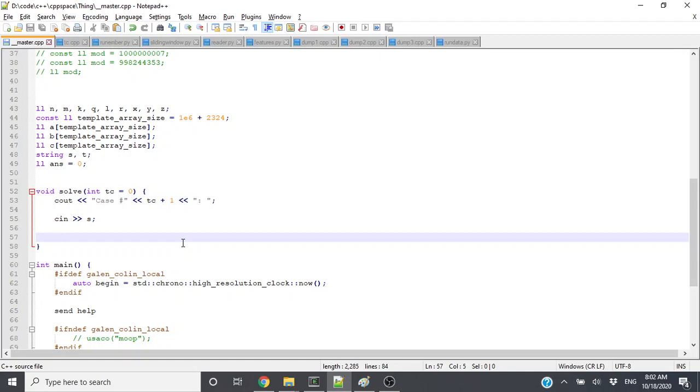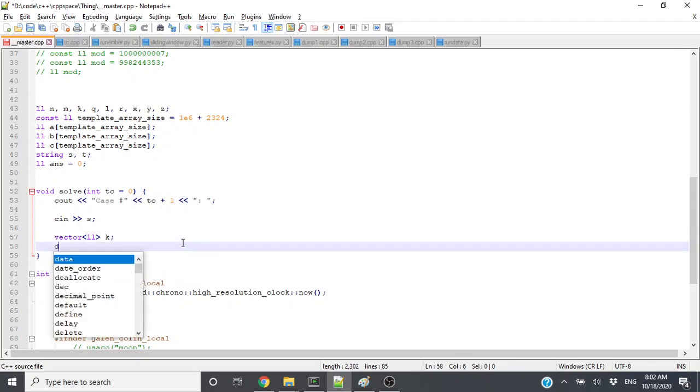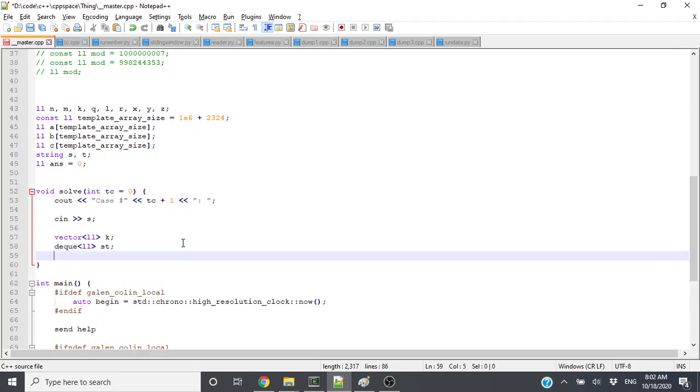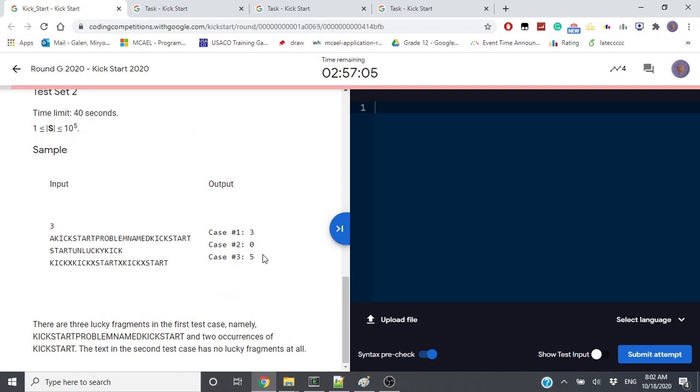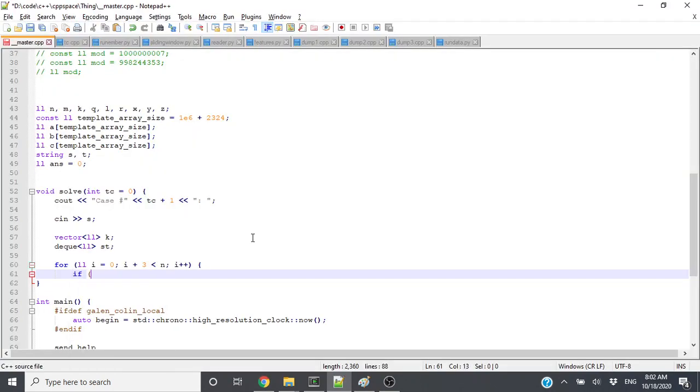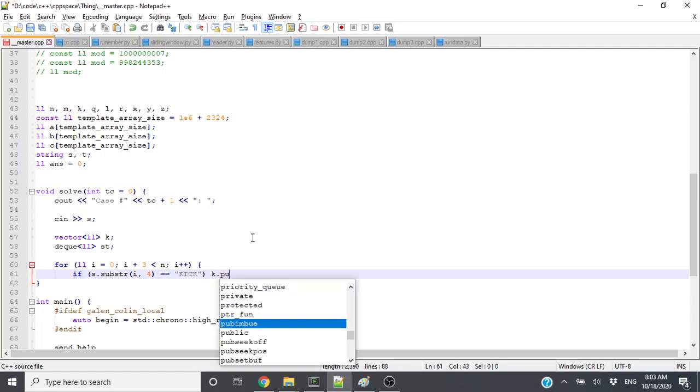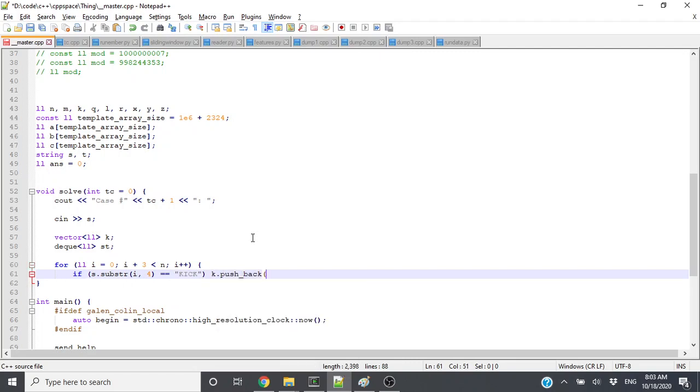How to do this, not annoyingly? Okay, so basically, if s.substring starting at i and of length 4 is equal to kick, then add that position into what we're doing.